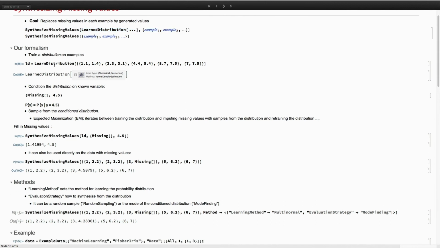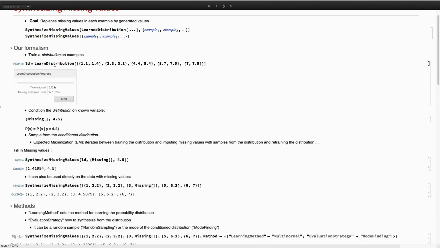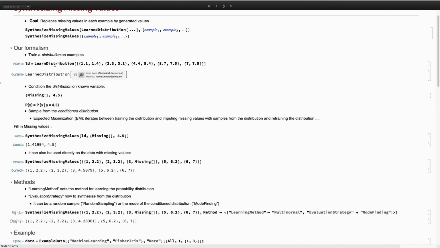Very similar to find anomalies, we learn a distribution, and how it works is you can easily condition the distribution. Say you have the x-axis missing on this two-dimensional vector that I just learned a distribution on.